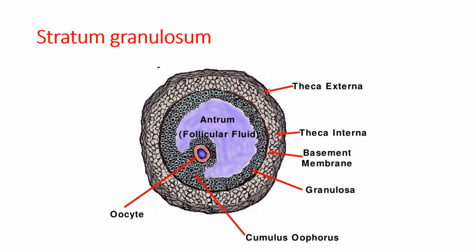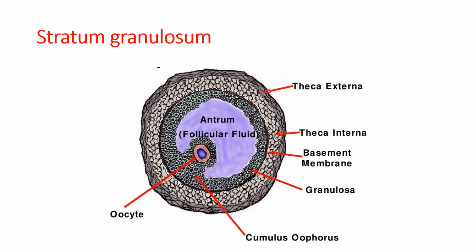A very important thing is that the follicular cells surrounding this primary oocyte are differentiated into two layers. One is the outer stratum granulosum and the inner cumulus oophorus.